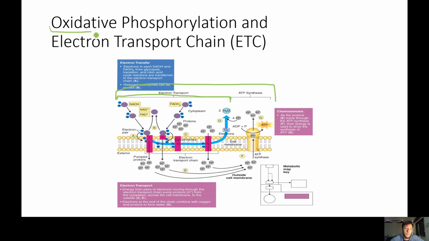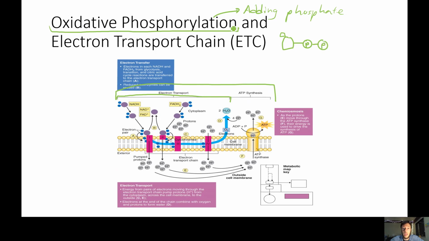So let's break down this word, oxidative phosphorylation. Phosphorylation means adding phosphate. You're phosphorylating something. So if we have our ADP, right?